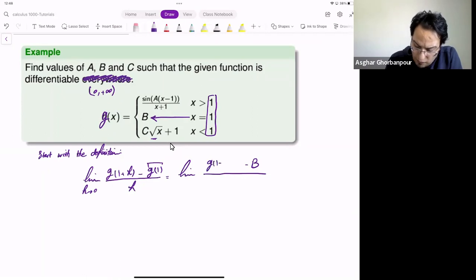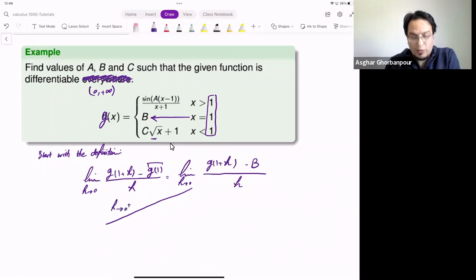But for the value of G at 1 plus H, we have to be careful. H, sorry, this is 0. If H approaches 0 from the right-hand side, then 1 plus H is going to be bigger than 1.